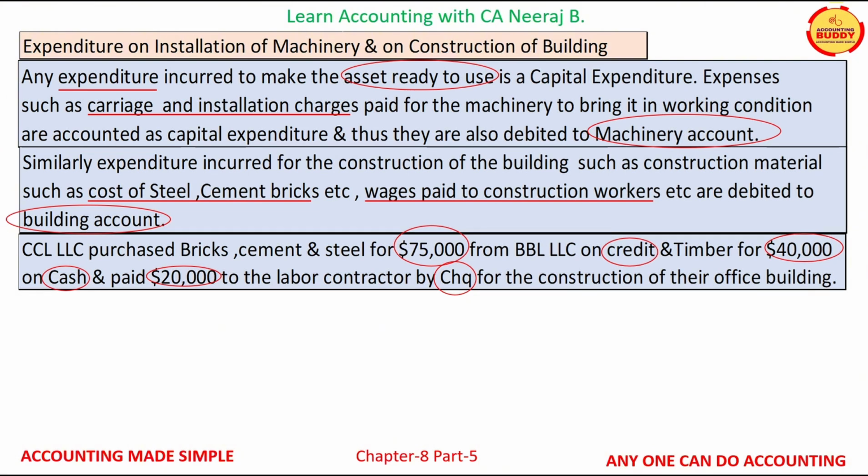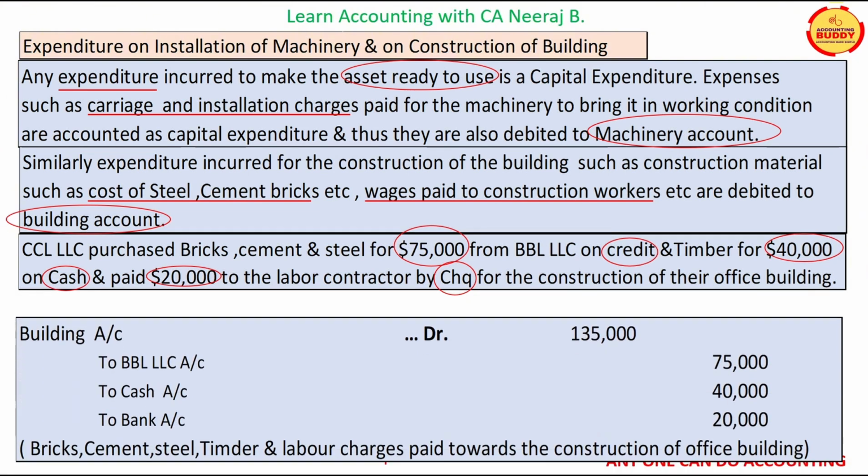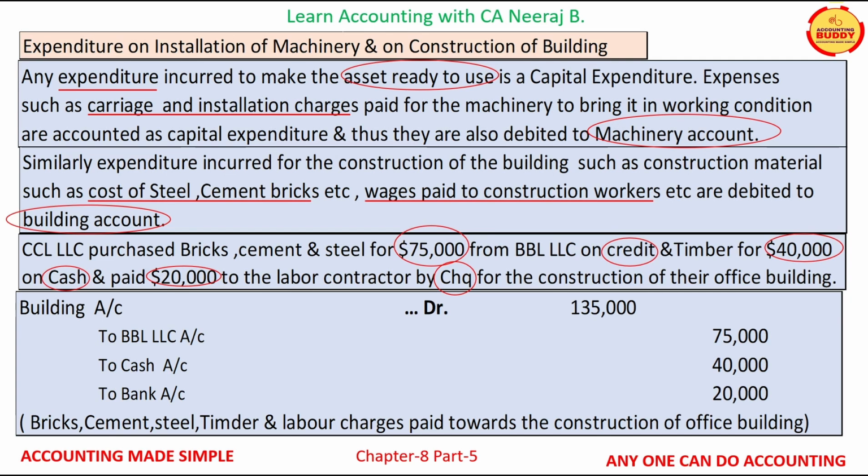The journal entry for this transaction will be recorded as displayed on your screens. Building account is debited by $135,000, being the sum total of the cost of bricks, cement, steel amounting to $75,000, timber cost of $40,000 and labor contractor cost of $20,000.